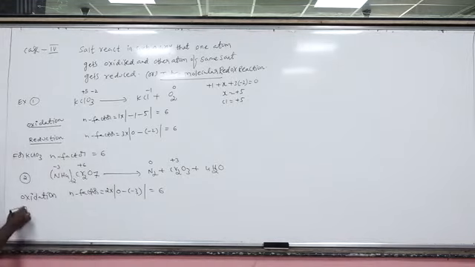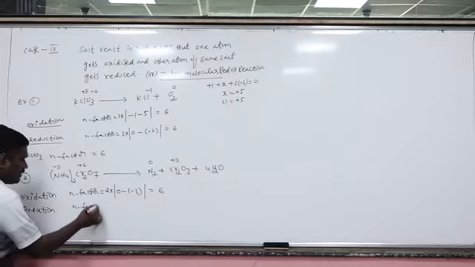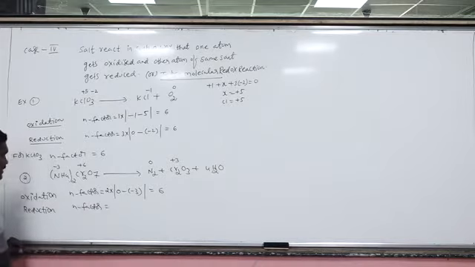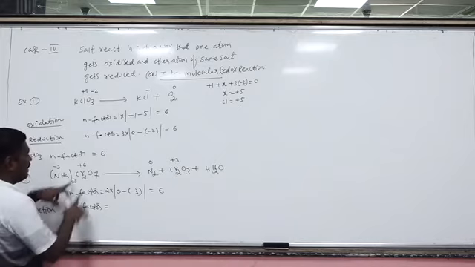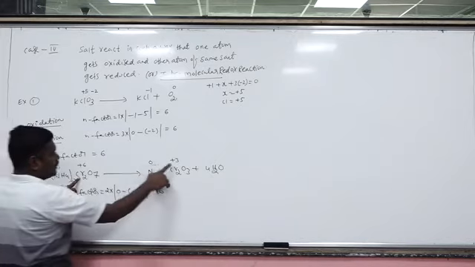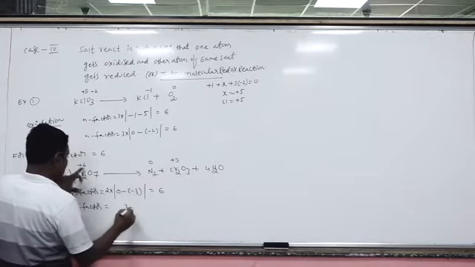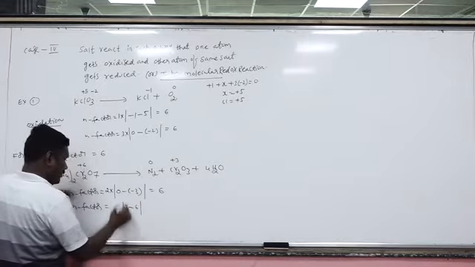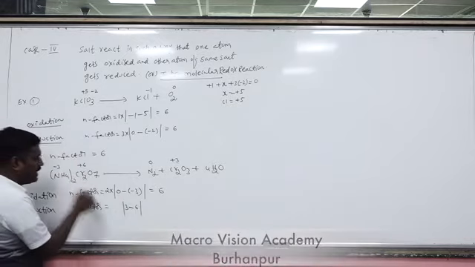Otherwise, if you take the reduction process, then take the N factor for the reduction process. In reduction what happens? Chromium +6 gets reduced to chromium +3. So change will be right side oxidation number minus left side oxidation number. Okay. Now in 1 mole of ammonium dichromate, how many chromium atoms are there? 2.